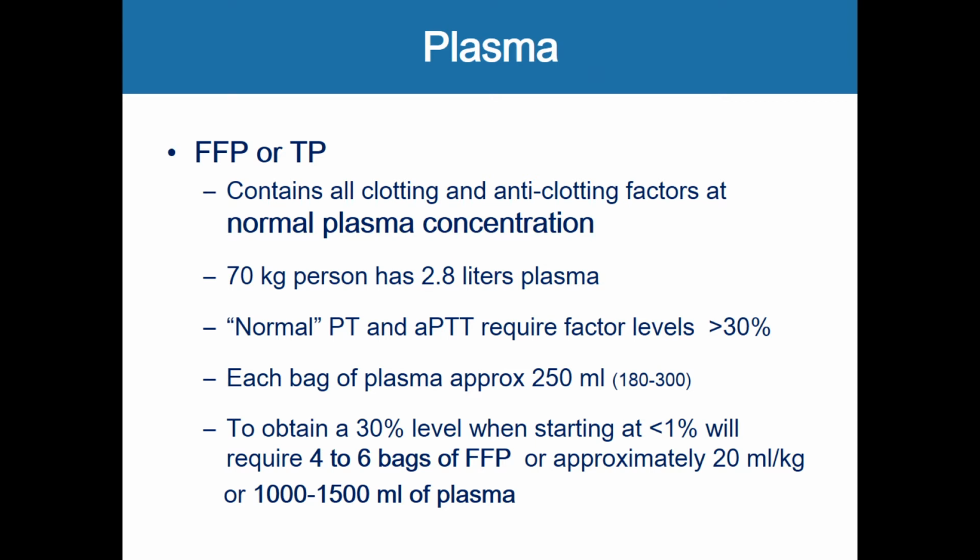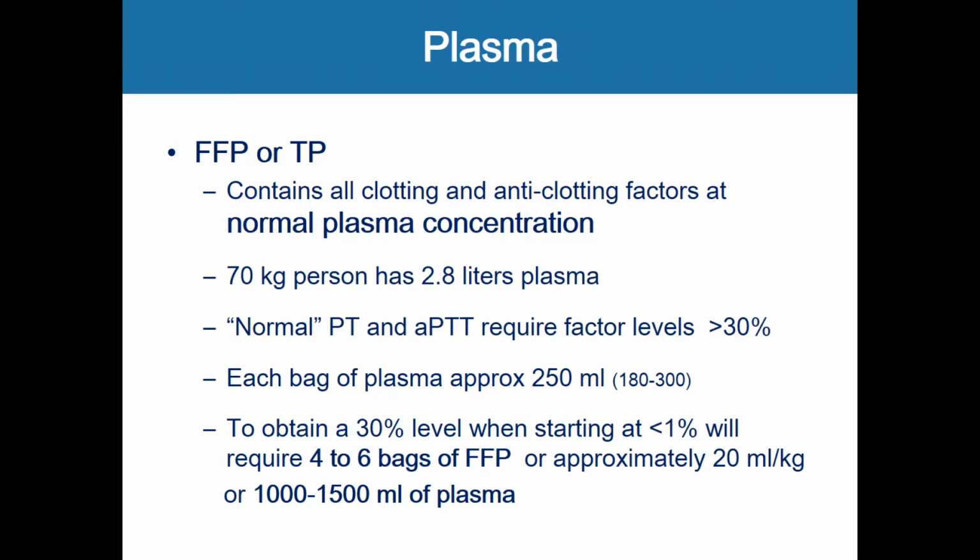So if you are starting at less than 1% activity for coagulation factors, if you want to replace a 70 kilogram person's entire plasma volume to achieve minimal coagulation factor levels, you will need to give 4 to 6 bags of FFP, or approximately 20 mLs per kilogram, which roughly translates to 1,000 to 1,500 mLs of plasma.